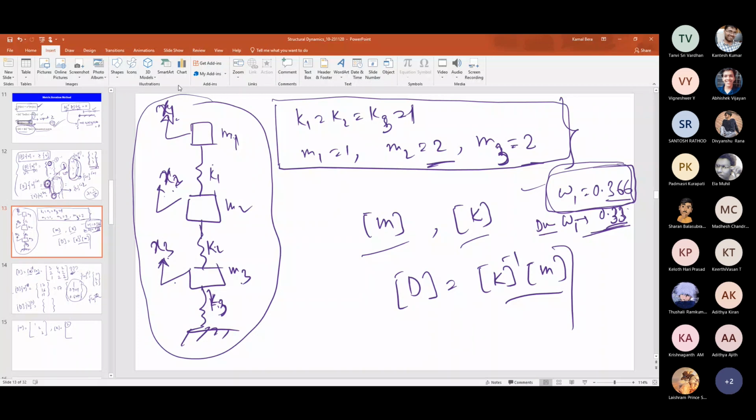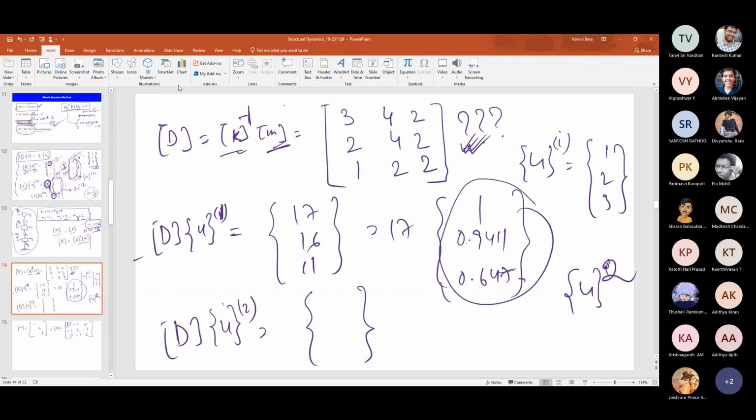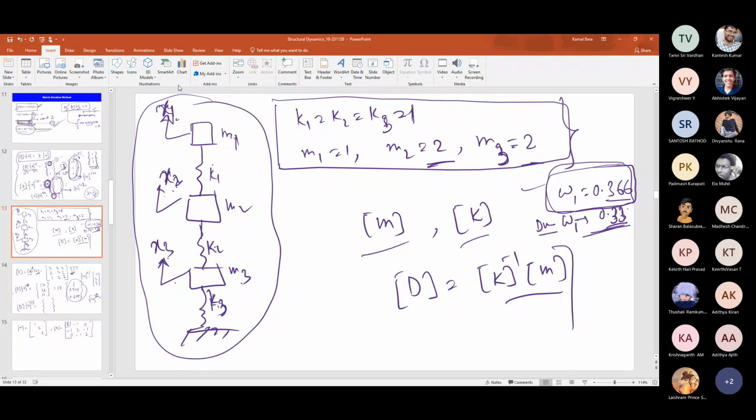Sir, by the given condition, M1 will be at the top, so it will be 1 minus 1 0, minus 1 2 minus 1, 0 minus 1 2, right? Yes, sir, 2, sir. And then I think the D matrix will be the same as what I said. Yes. Please do not just copy, or rather don't just remember that this is my form of the mass matrix M1, M2, M3.